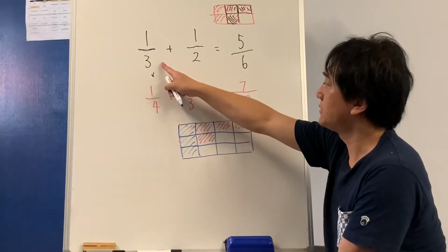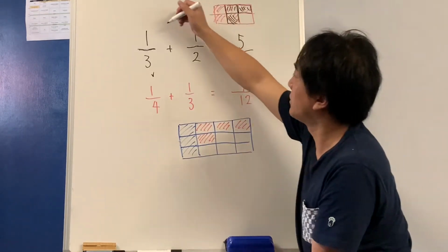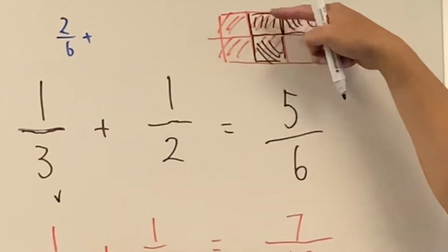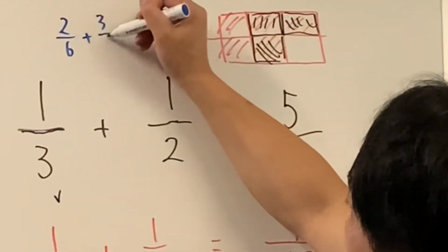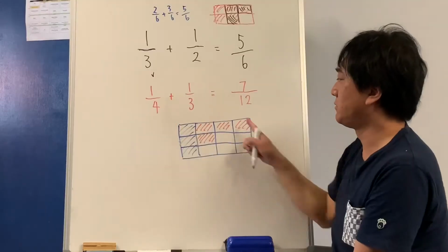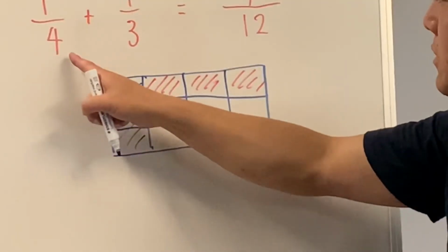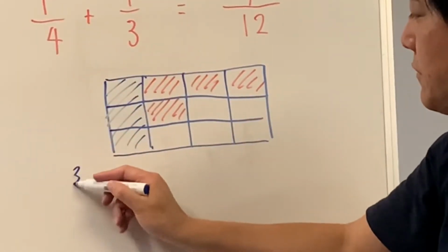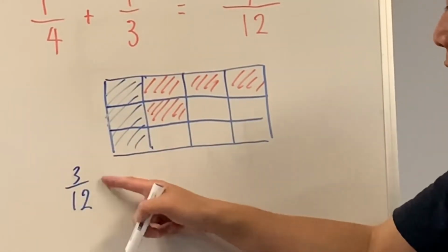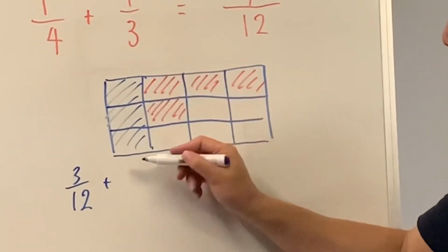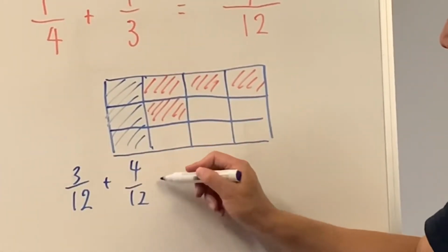When we did this, it looked like we added 2/6 plus 3/6 equals 5/6. This looks like 1, 2, 3 out of 12, which must be equivalent to 1/4, and 4 12ths.